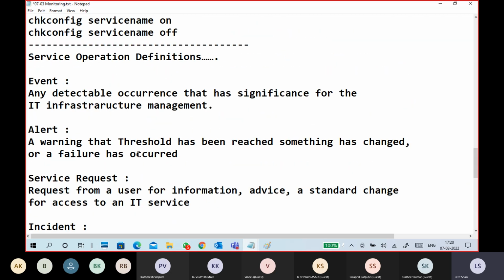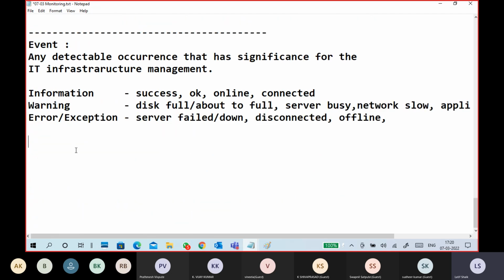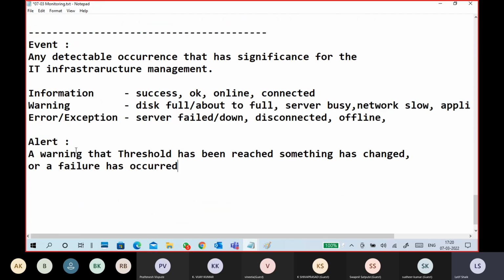Next, I'm also telling about alerting, guys. These are very important in ITIL. Different types of things are there. Some are service desk related, some non-service desk, development or non-development. Everybody working in an IT organization, 90% of the people are doing support, whether network support, desktop support, application support, or database support.